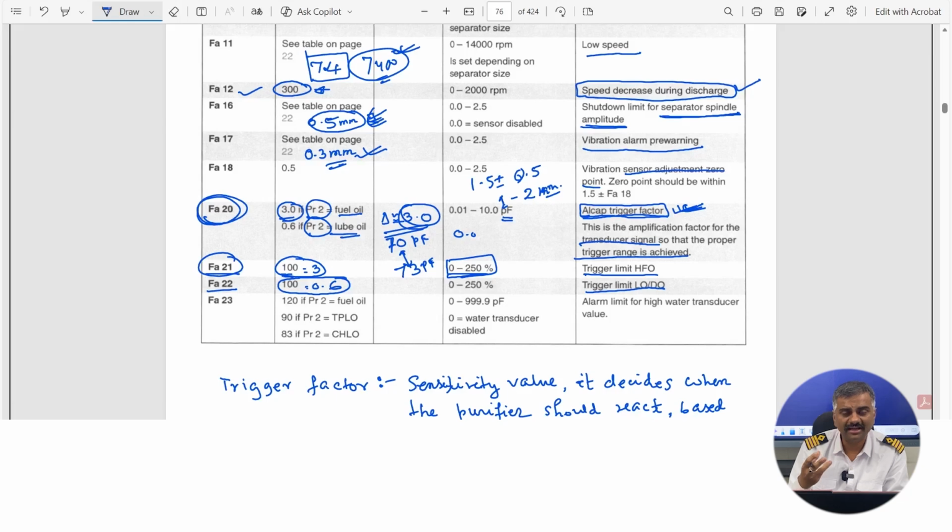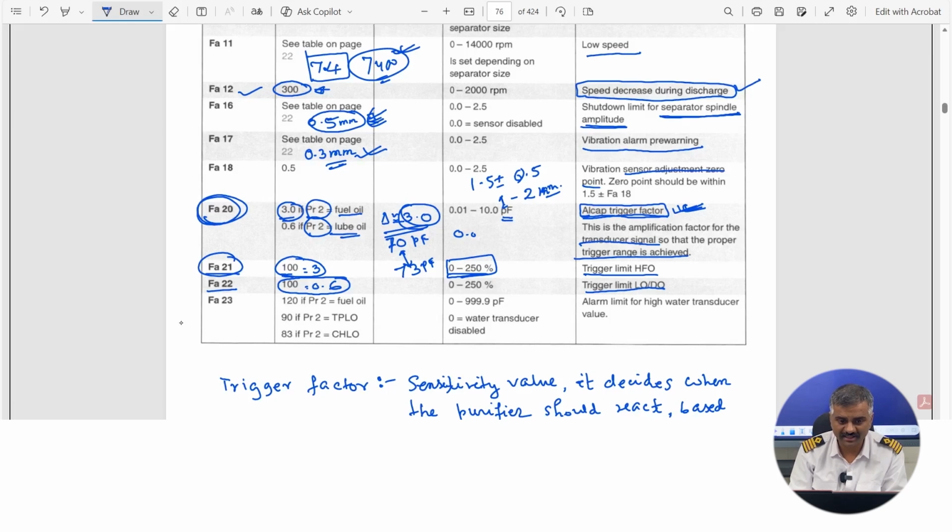Lube oil has to be contaminated with sludge; there is a very rare chance that water will come in. So the sensitivity has been made so slim that there is no chance of water going out from the clean oil outlet side. So the picofarad value has been reduced to 0.6.